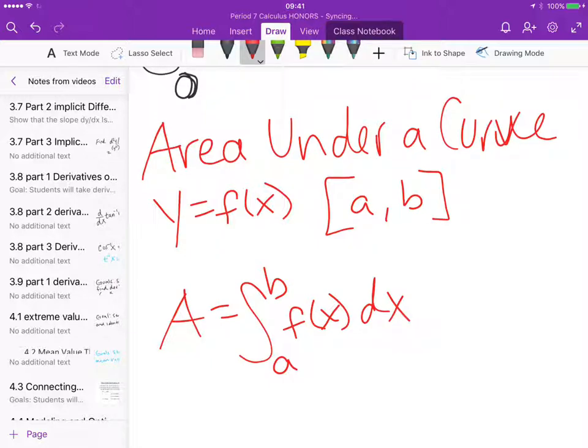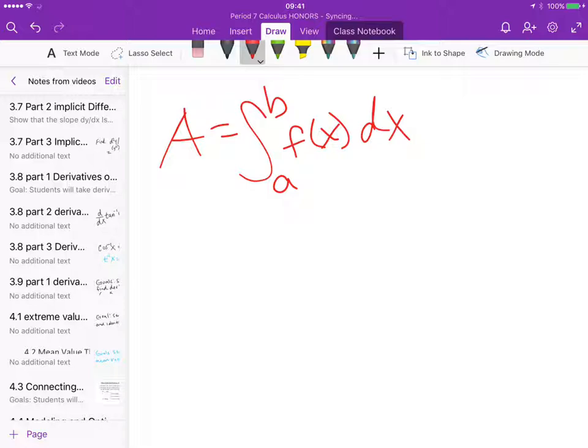So let's take a look here real quick at an example. At this point, we don't know how to take the integral of any function yet. We'll get there, okay? But right now, we're going to evaluate this integral with the thought of area under a curve, all right? So let's look at an example.